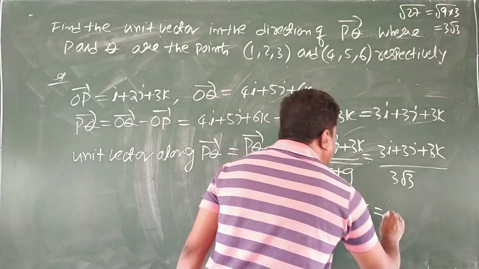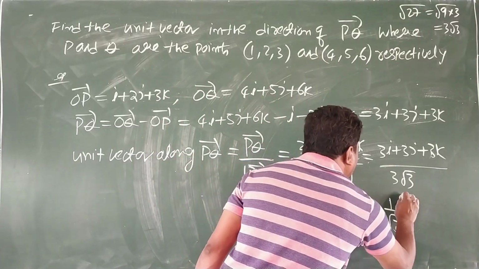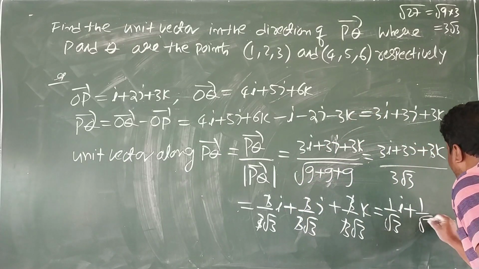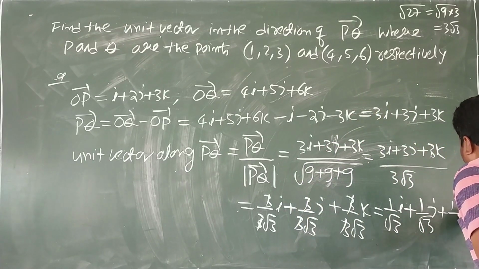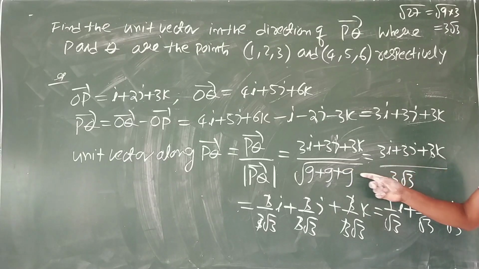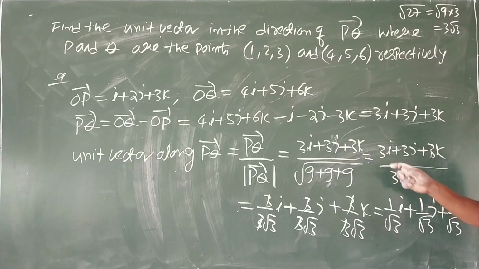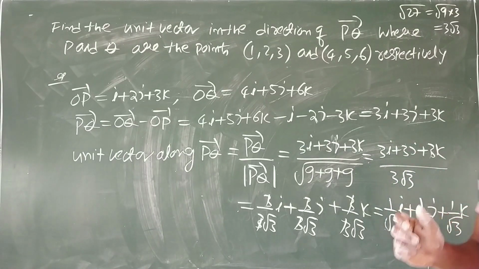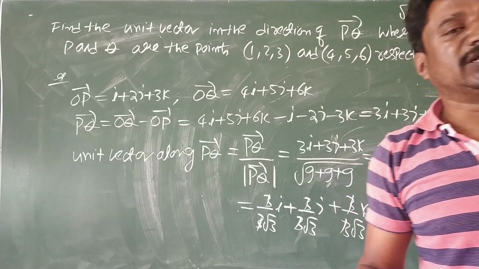Final answer: 1 by root 3 i plus 1 by root 3 j plus 1 by root 3 k. We got the required unit vector. Unit vector means vector by its magnitude. Okay students, we shall stop. We shall meet in the next class. Thank you.